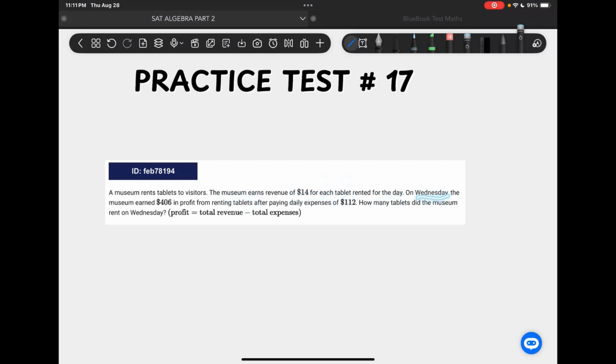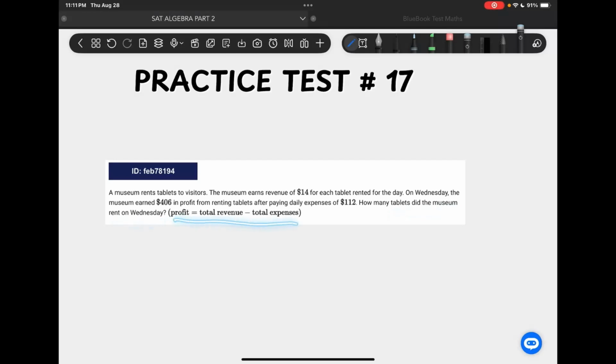On Wednesday, the museum earned $406 in profit from renting the tables after paying a daily expense of $112. So they earned a profit of $406 after deducting the daily expenses, which were $112. How many tables did the museum rent on Wednesday?